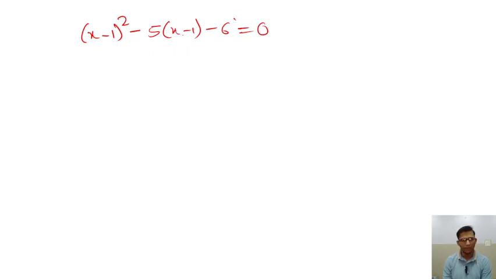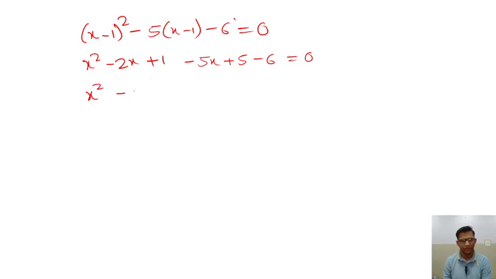There are two methods to solve this equation. First method is you can expand this equation like (a minus b) whole square. So you can write it as a square minus 2ab plus b square, and open this bracket, minus 5x plus 5 minus 6 equal to 0. Then add the like terms.